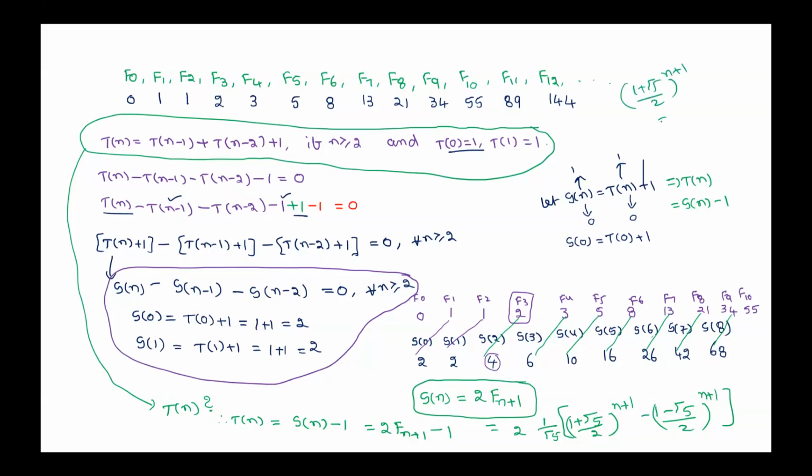We can also write it as 1 plus root 5 by 2 into (1 plus root 5 by 2) whole power n. If I remove the constant, we can say it is the same order. Both are more or less same, no?